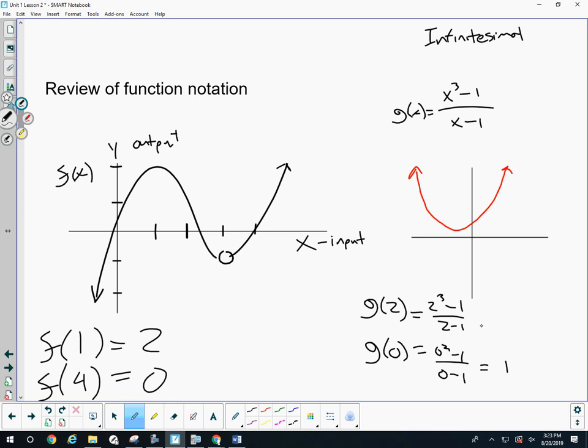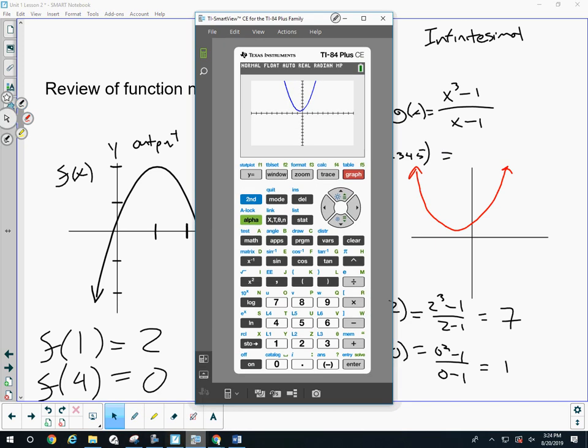But if I had like g of 1.2345, probably wouldn't want to do that by hand, right? If I took that decimal and tried to cube it, it'd take me a very, very long time to do it by hand, right? So this is where we can use a calculator. A calculator can help us do some very complex calculations very quickly because it's got a lot of computing power.